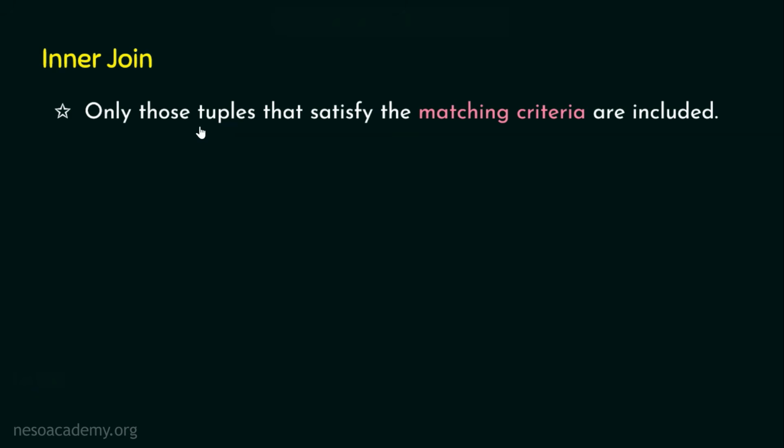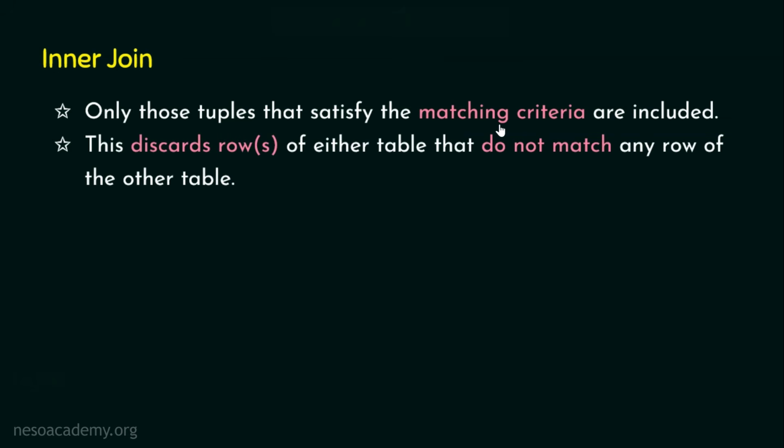Let's say when we have tuple 1 from one table and tuple 2 from another table, and if the join condition is matched, obviously these two tuples will be matched in the output table because the join condition is matched. If the join condition is not matched, what happens? It's just discarded. So this inner join discards row or rows of either table that do not match any row of the other table.